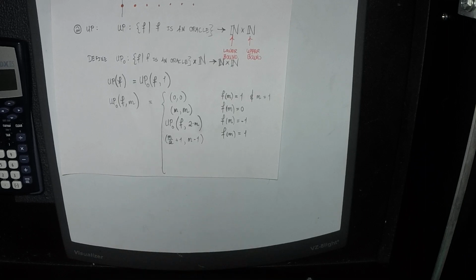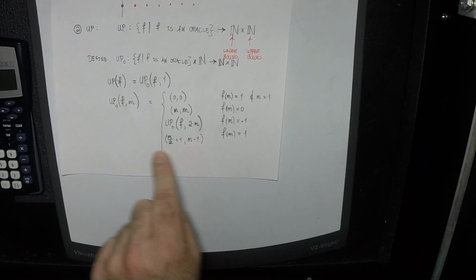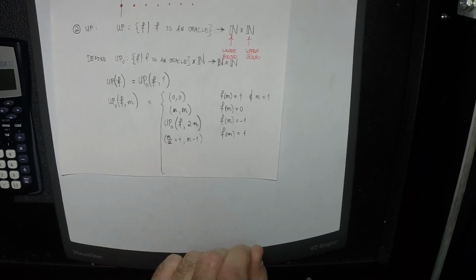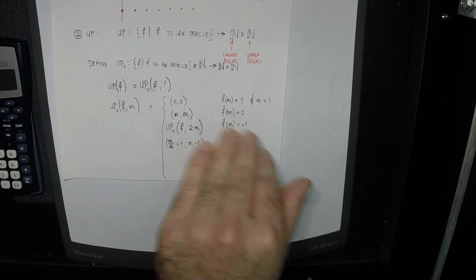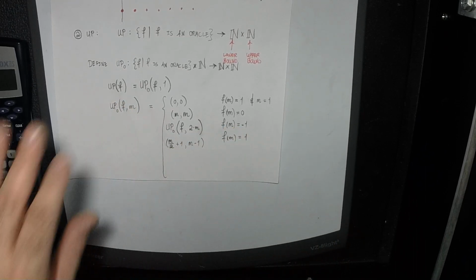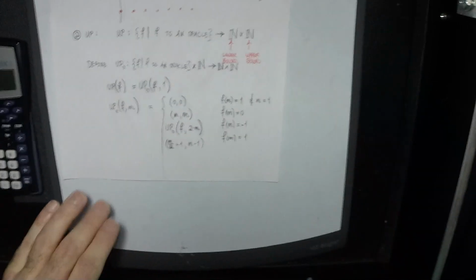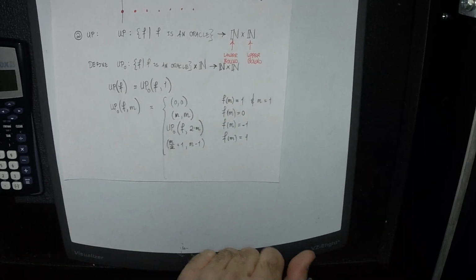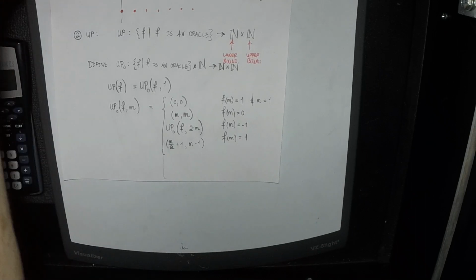If m is 4096, the upper bound is 4095. Half of 4096 is 2048. Add 1 is 2049. Good. So this function will establish bounds on the answer. Any question about the up function?